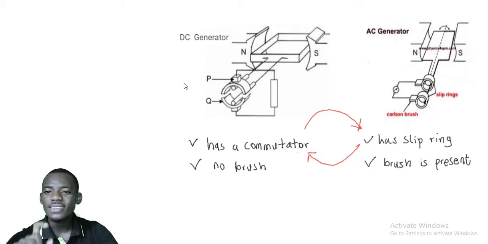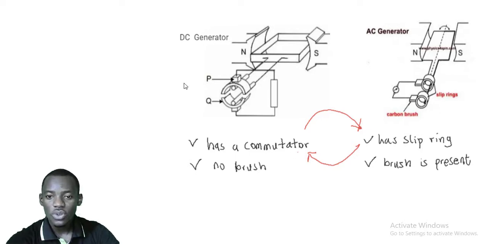So what makes the AC generator an AC is the slip ring. If you remove it and change it with a commutator, then you have changed the AC into a DC. And if you remove the commutator from a DC generator and put a slip ring, then you change it into an AC.